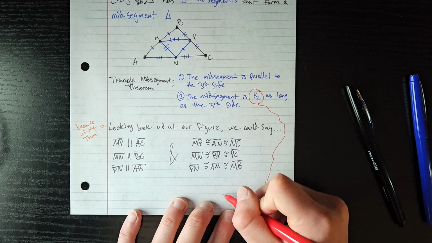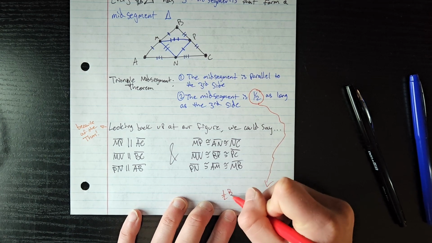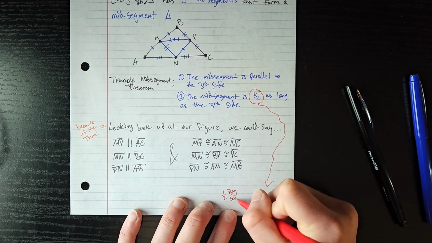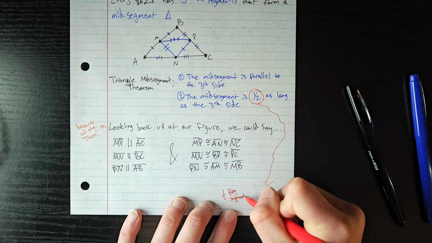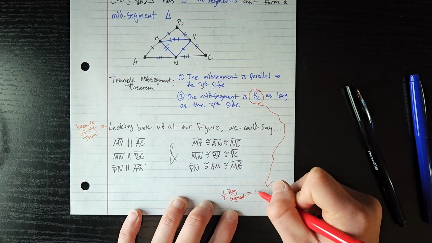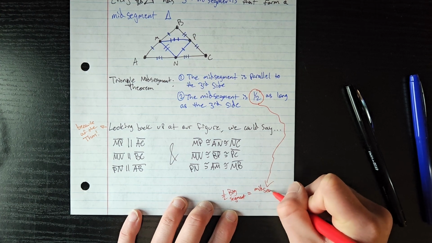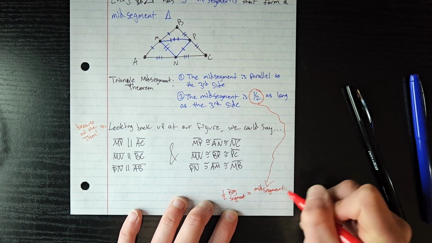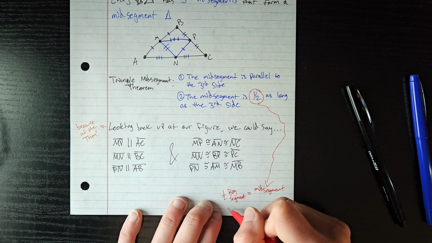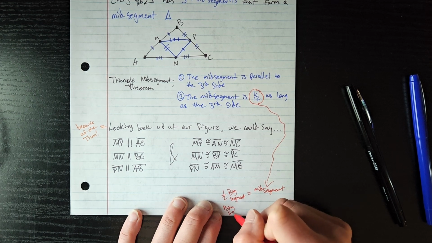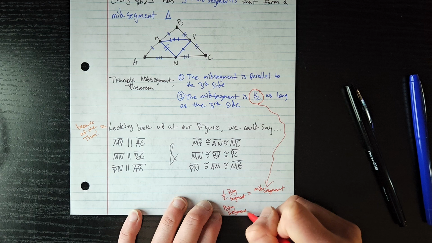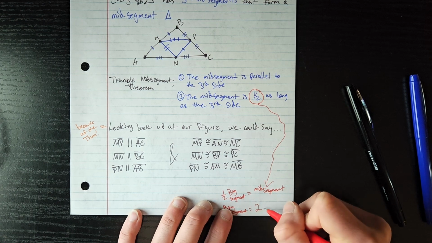The fact that we could do 1/2 of big segment equals the mid segment. And we could also write that the big segment is equal to 2 mid segments.